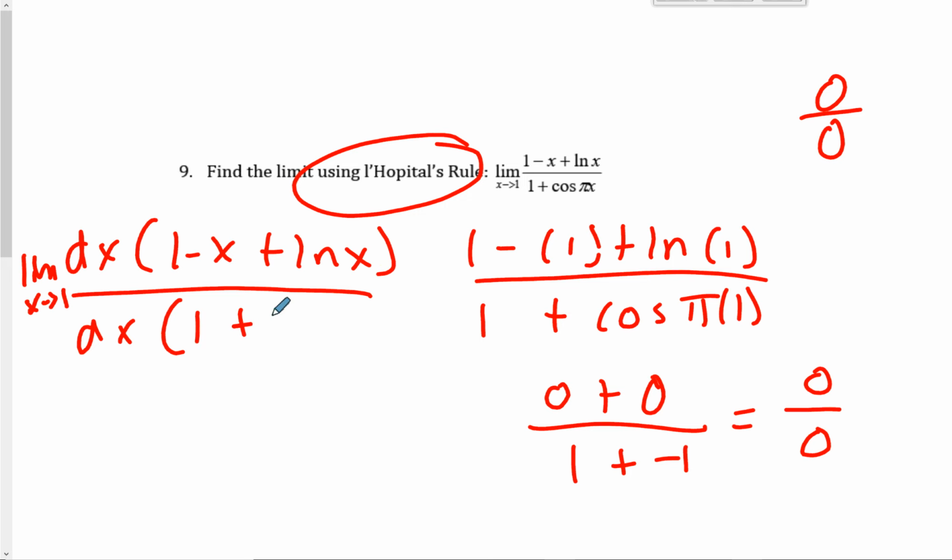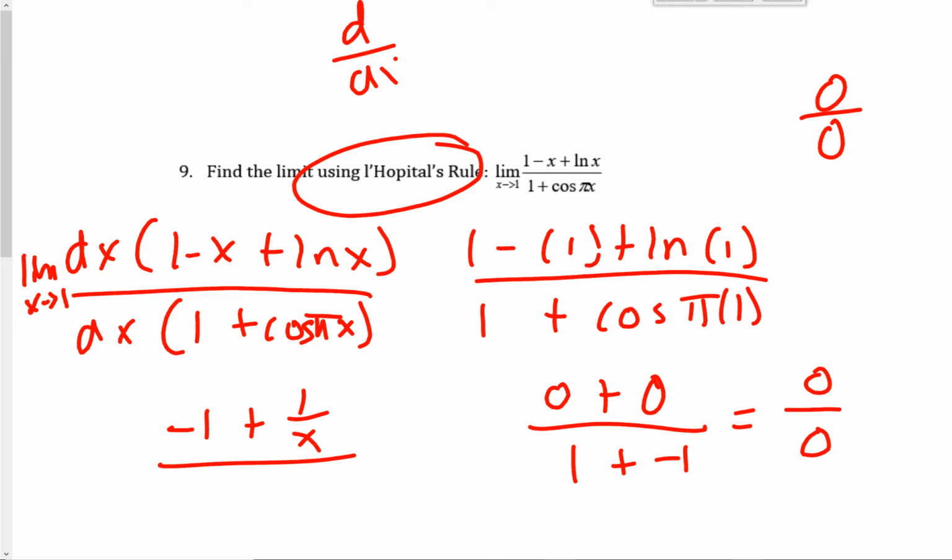And then I'm taking the derivative of this. The derivative of the top is pretty easy. Derivative of 1 is just 0. Derivative of negative x is negative 1. Derivative of ln of x is 1 over x, right? And then the derivative of the bottom, derivative of 1 is just 0. Derivative of cosine of pi x equals chain rule, right?